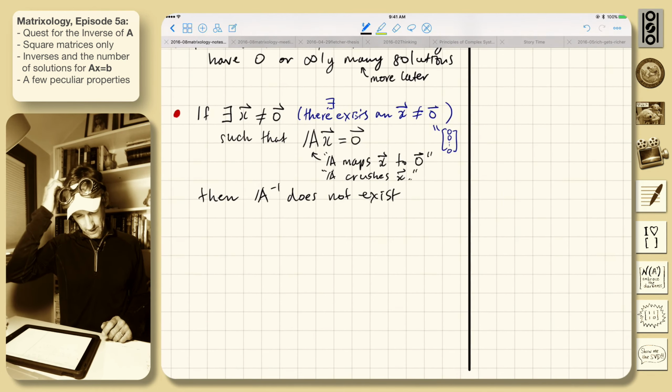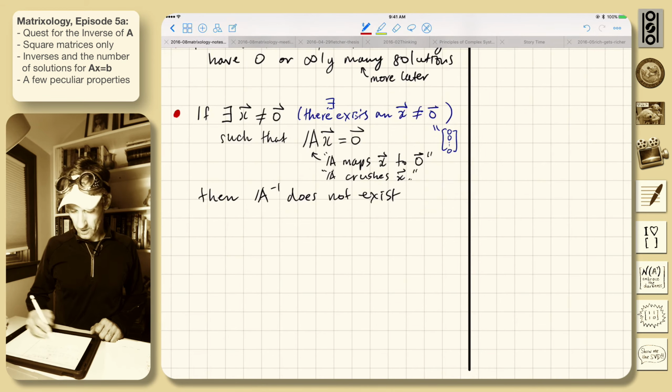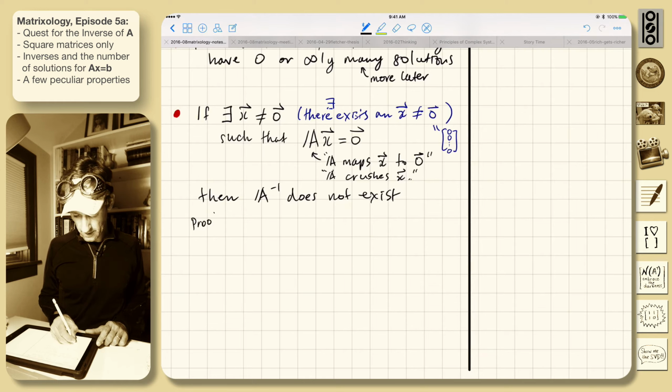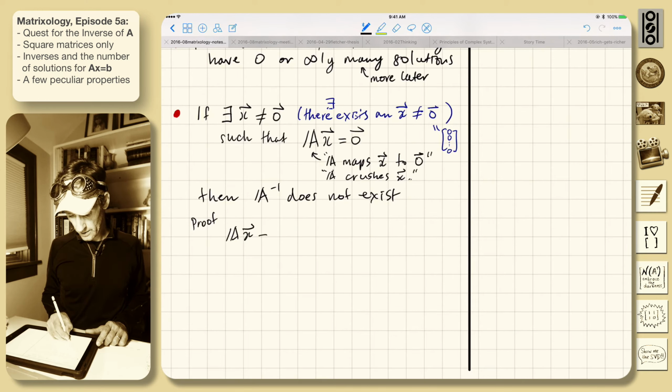Well, let's just say we've got this x. This is true. So a little proof, lots of tiny proofs in matrixology. This is true, right?